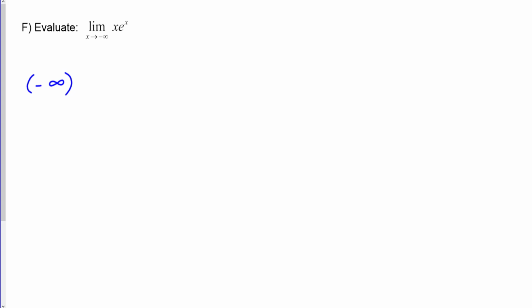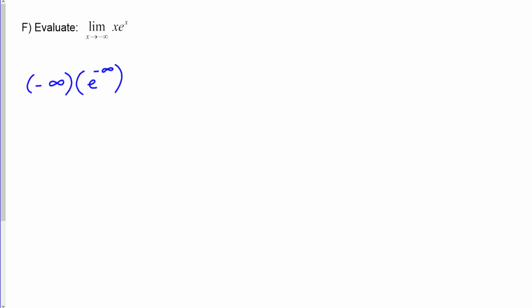I'm just going to let x be negative infinity, and then I'm going to say e to the negative infinity. Because ultimately I'm not plugging in infinity, I'm just observing what happens to these functions as we go to infinity. So as x goes to negative infinity, it's just negative infinity.